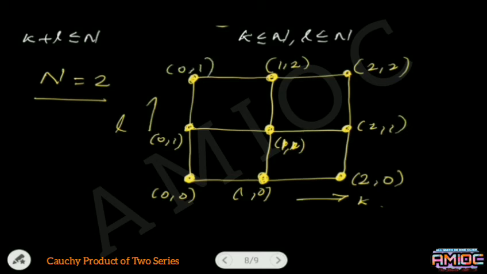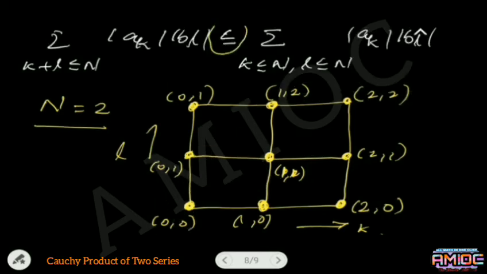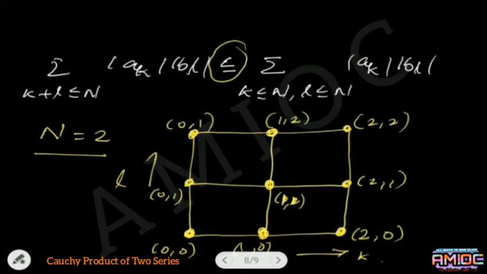That means each of the points here denotes the entry A0, B0, here denotes the term A1, B0, A2, B0 and this term represents A2, B2. We have already formed the sequence Cn by using a tabular method.